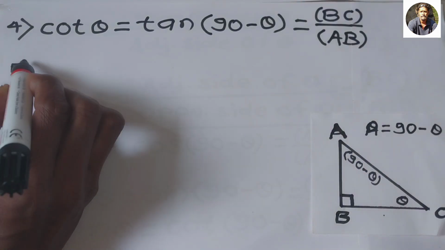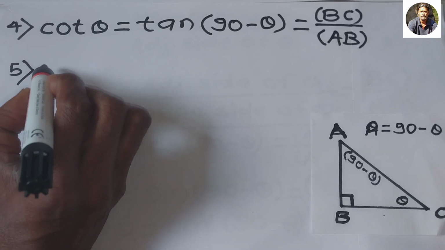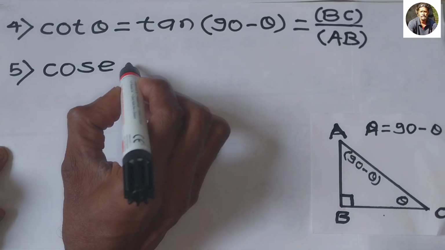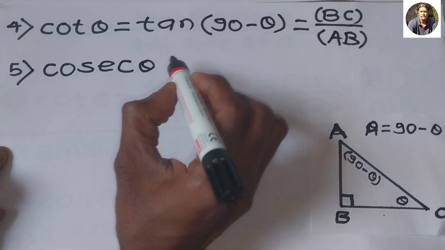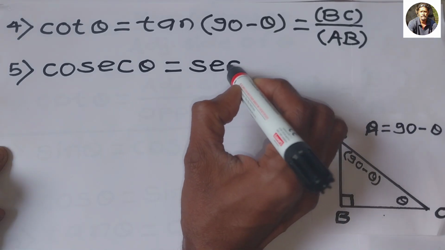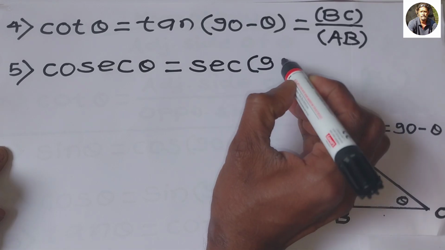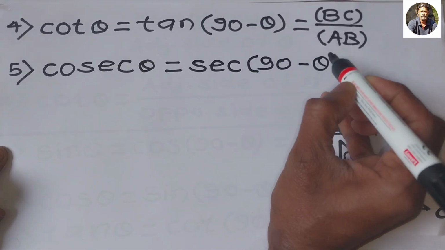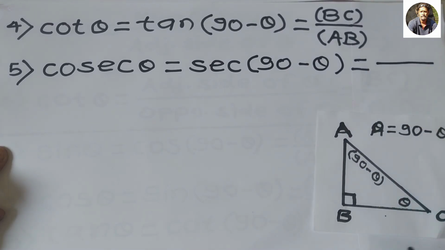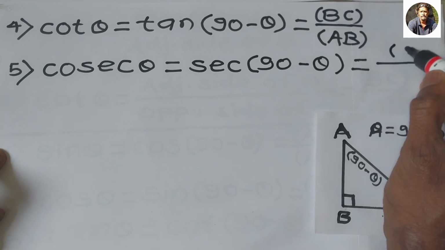Then the fifth one, that is cosec theta, is equal to sec of 90 minus theta. Look here, now we take cosec theta. Cosec theta means hypotenuse upon opposite side of theta.